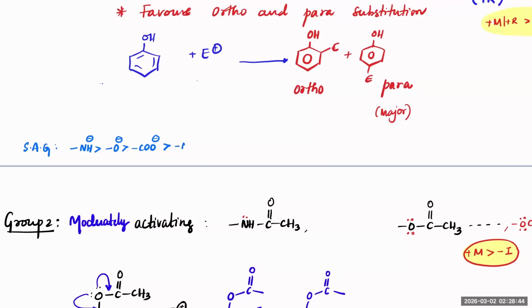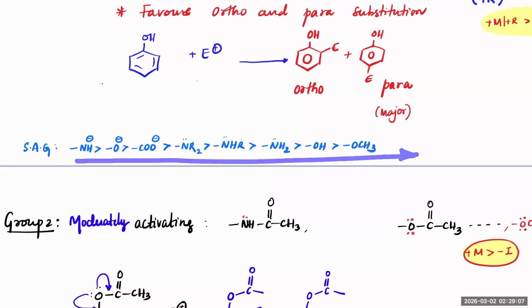Then comes NR2, then NHR, then NH2, and thereafter OH. Only after OH do we get OCH3. This is the order in which the strong activating groups are present.